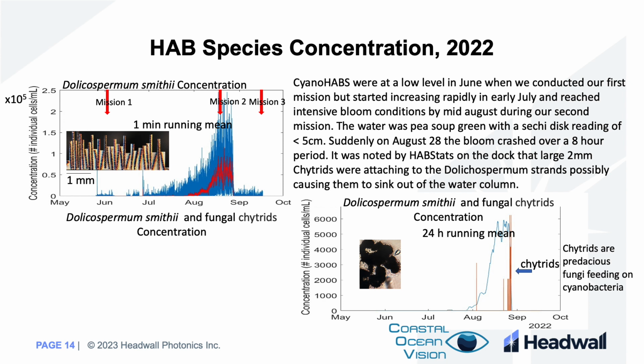And then one of the things that seems to affect the population of these harmful algae is chytrid fungi, which my understanding is they latch onto those little rings of the Dolichospermum and cause them to sink to the bottom and die. And there was a bloom of these chytrids, which led to a crash in the population of the toxic algae soon after our mission in August and well before our mission in November.